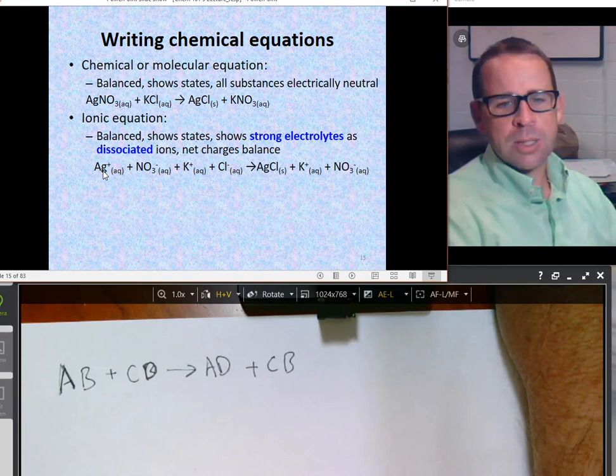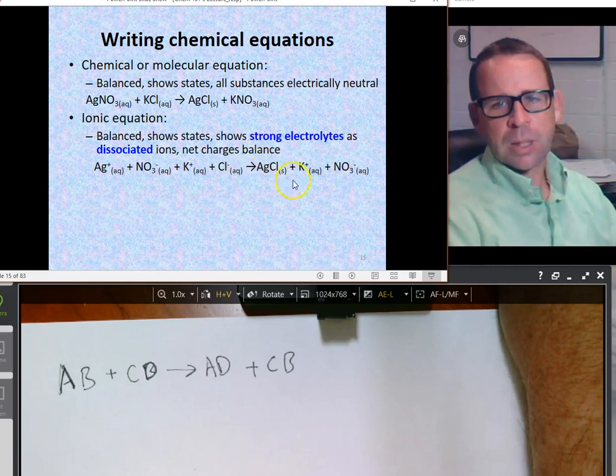Here we're doing the same thing. Now the silver chloride, which is a solid, doesn't break up into ions. It stays together, and so we keep it together. But everything else we break up into ions. This is called the ionic equation. We've taken our ionic compounds, and those that are aqueous break up into ions. Solid means it was the precipitate. It won't dissolve in water anymore, and so it's there like that.